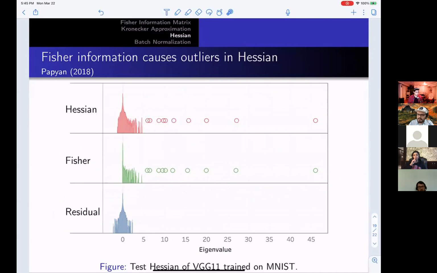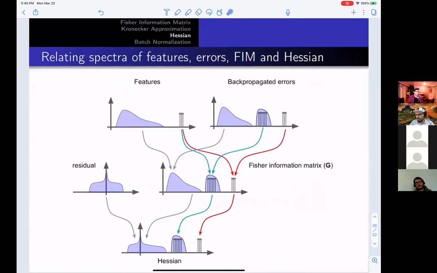And the reason why the Hessian has a distribution here which is symmetric around the origin is because the residual has a distribution which is symmetric around the origin. So basically, around the origin, the Hessian is similar to the residual. Once you go away from the origin, it becomes equal to the feature information matrix. And so here's the plot that summarizes the whole structure of the spectrum.